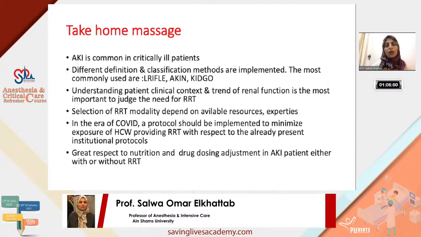We have to know the clearance provided by your RRT modality, either intermittent or continuous, and if there is still some of the patient's own kidney clearance, add this clearance and calculate the dose as per the manufacturer's recommendation. One of the most important and helpful tools for some medications is therapeutic drug monitoring. For vancomycin and aminoglycosides, you can measure the serum level and adjust your dose accordingly. So it is a wide topic.